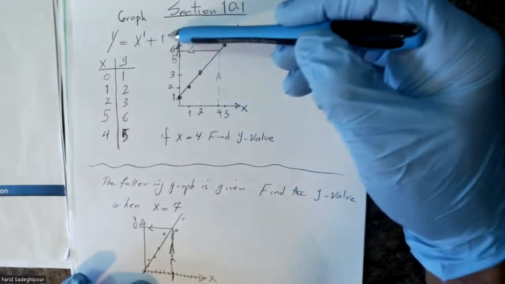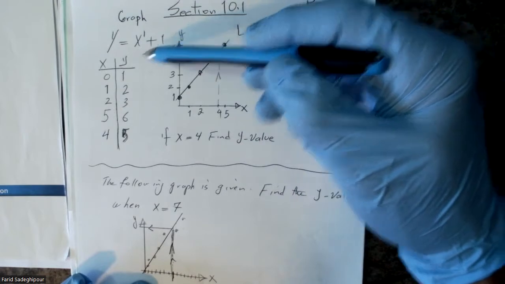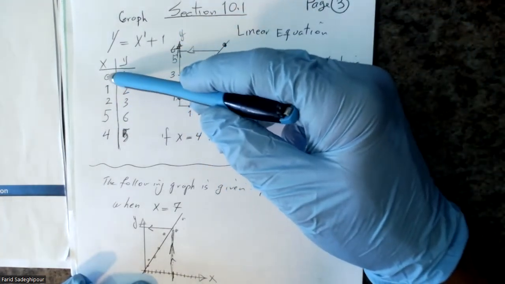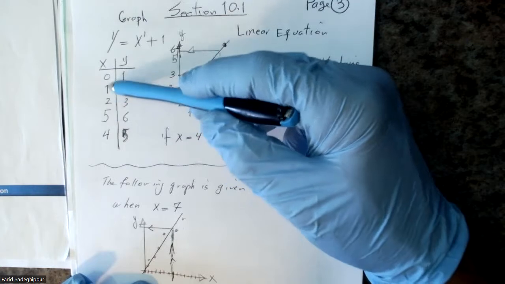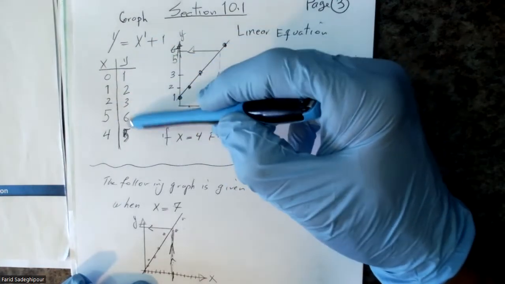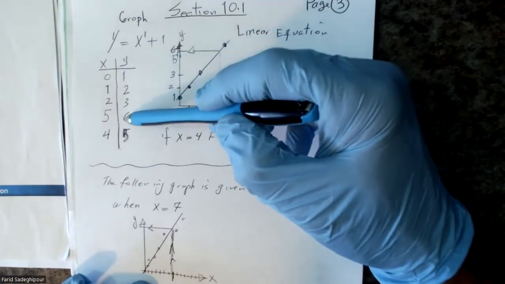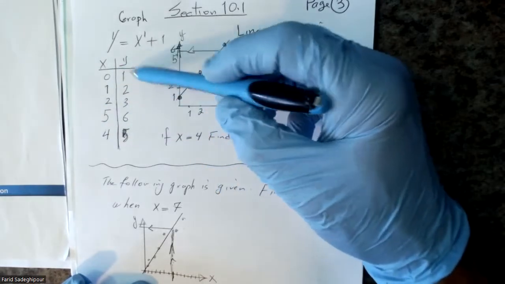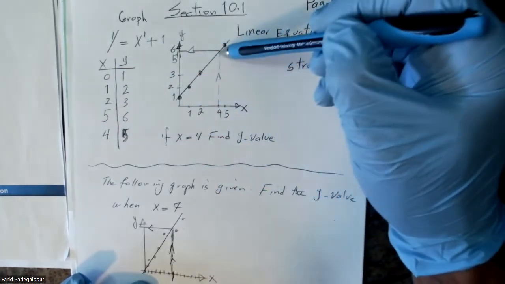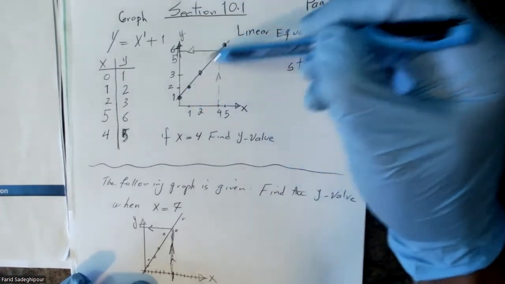To graph this equation, we come up with some arbitrary points. We take some arbitrary numbers for x, plug them into the equation and find a y value. So you have 5 pairs. When you plot these points and connect them, you have a straight line.